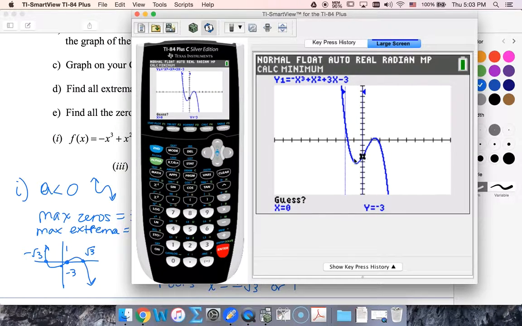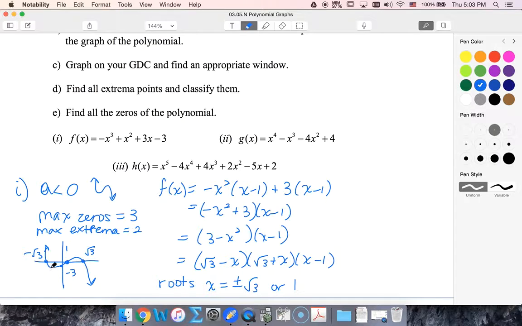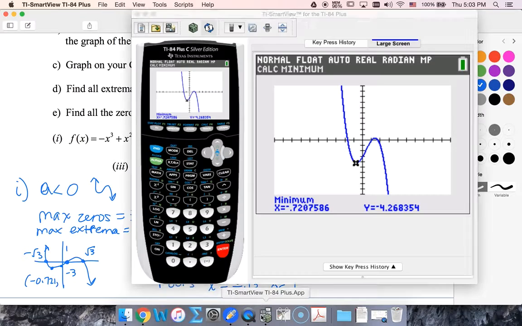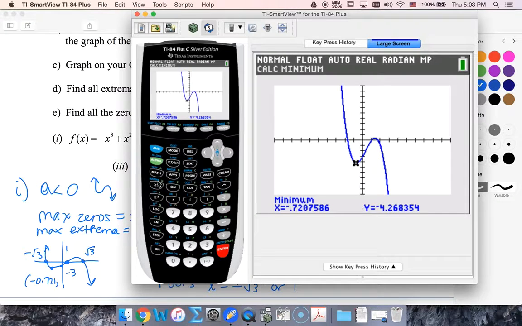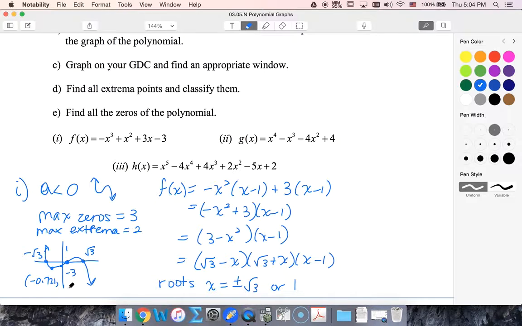All right, and now my guess is that it's around negative 1. Okay, and there's my minimum at negative 0.721 if I go to 3 significant figures. So negative 0.721, and the minimum value is negative 4.27.